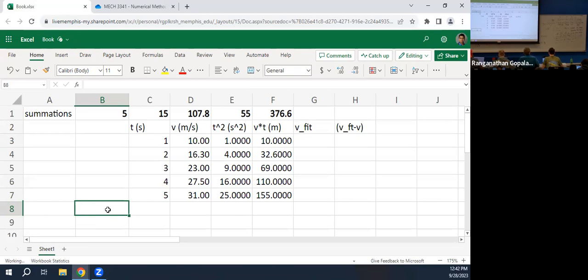And obviously, you can replace this data with some other problem, maybe your homework problem, and quickly get answers for any problem that you want to do, not just one problem.